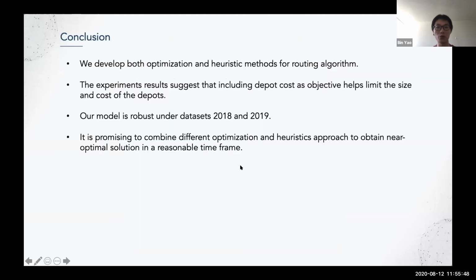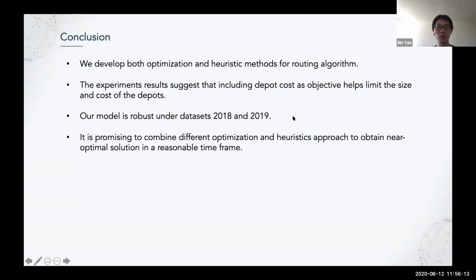So now I want to jump to the conclusion. We tested several different approaches, like heuristic and optimization methods, for the routing algorithm. The experiments suggest that it's better to include the depot cost in the objective, which helps to obtain more reasonable solutions for the depots.